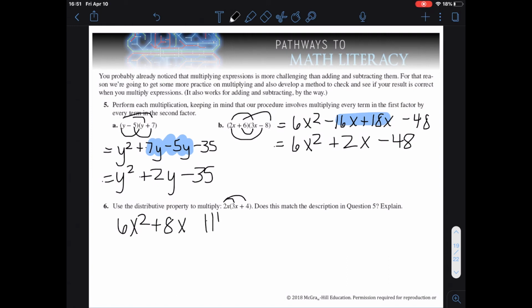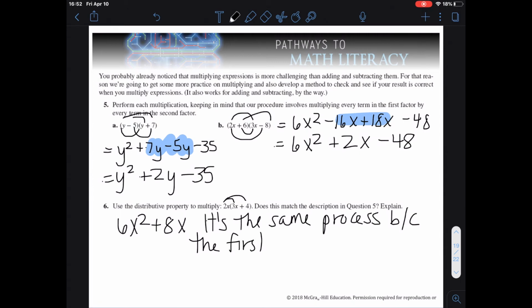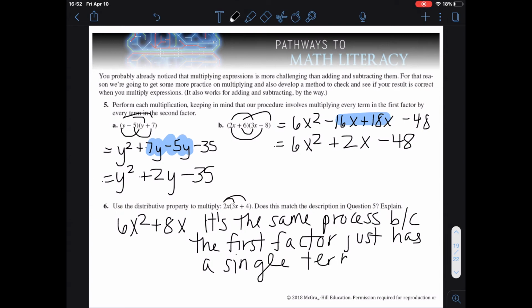So it is the same process because the first factor just has a single term. So it's coming in contact with all of the other components of that second factor still.